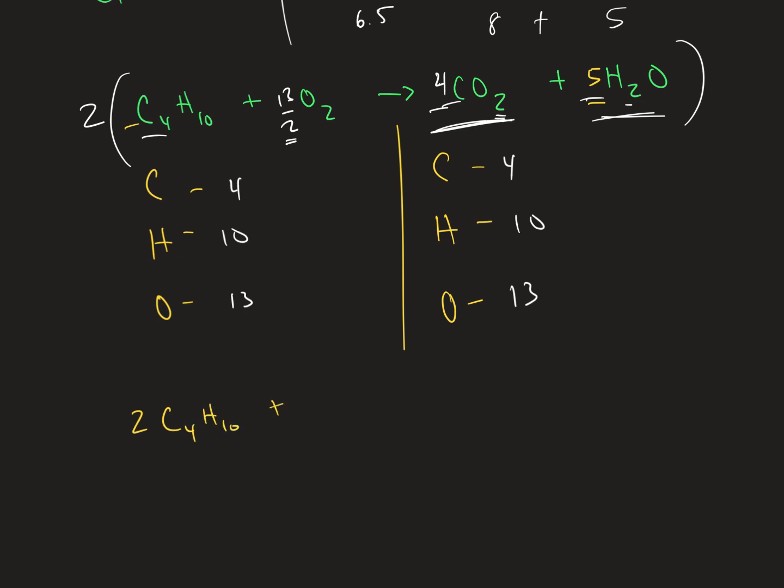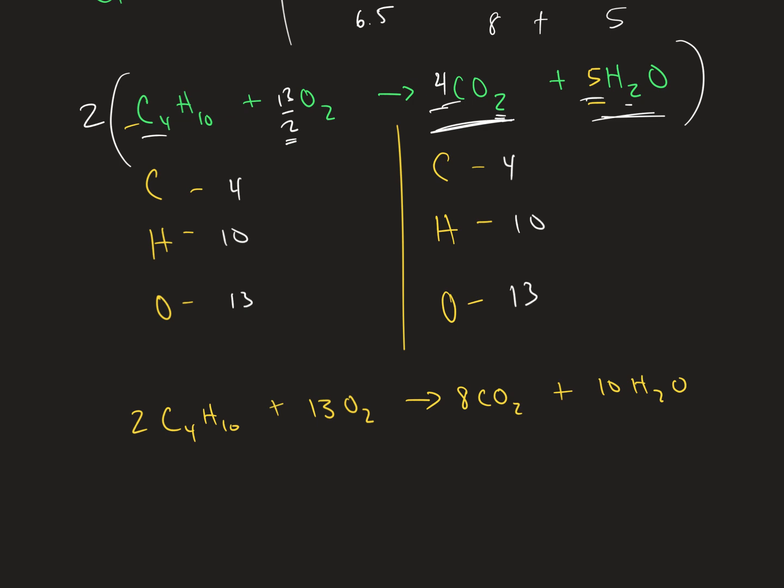If I multiply 13 halves by 2, I get 13. If I multiply 4 by 2, I get 8 carbon dioxides. And 5 by 2 is 10 waters. It's still balanced because we multiplied everything by the same number. Good?